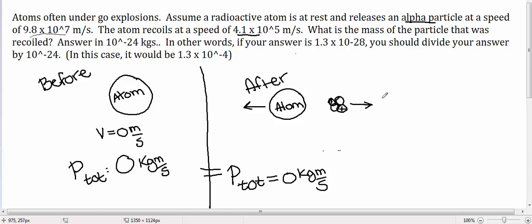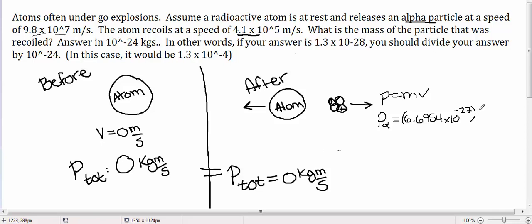To find the actual momentum of the alpha particle, since it wasn't 10, we're going to use the equation P equals mass times velocity. For the alpha particle, and this little symbol represents alpha in the Greek alphabet, the mass, which we know from a previous quiz question, is 6.6954 times 10 to the negative 27th.